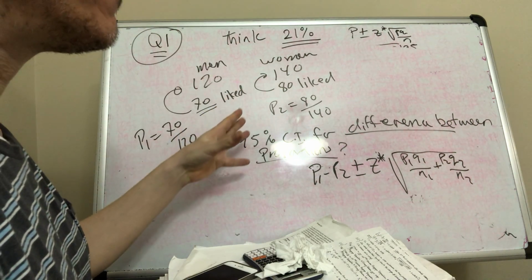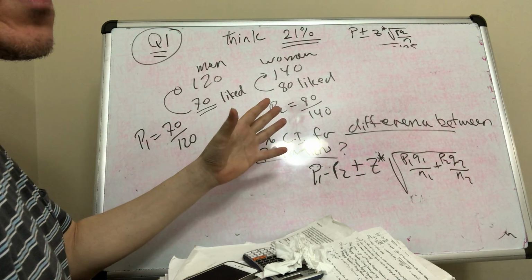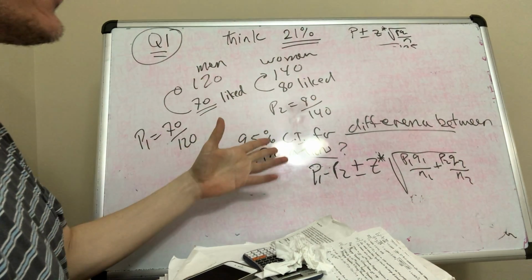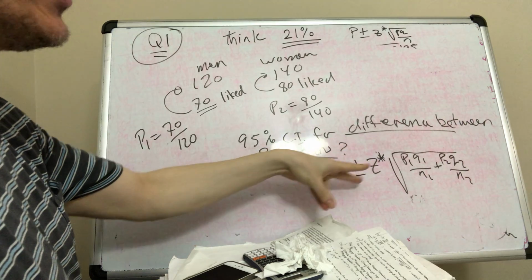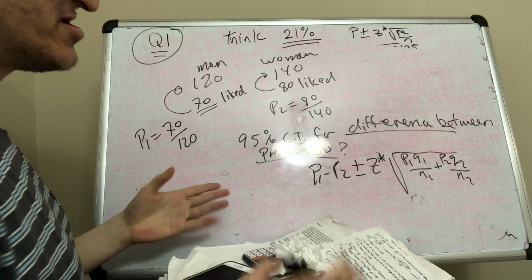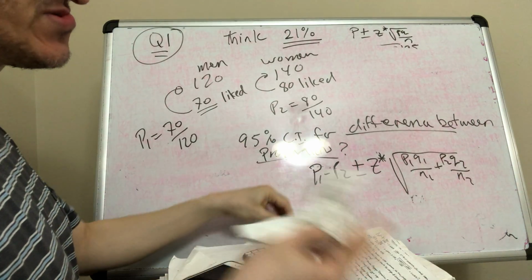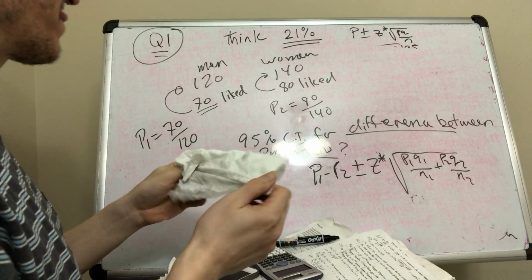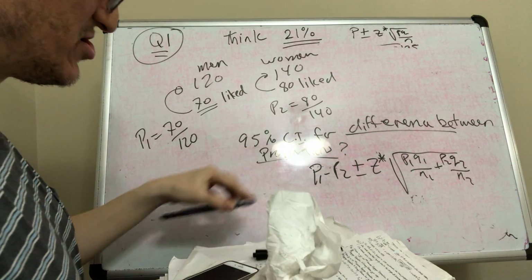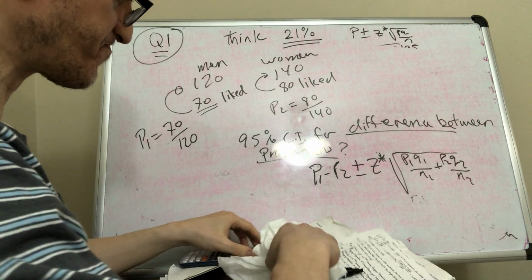So you need to make sure, is it a confidence interval for a proportion, or a confidence interval for the difference between two proportions? And the procedure of how you do this is pretty much the same. So, we go to the next one.